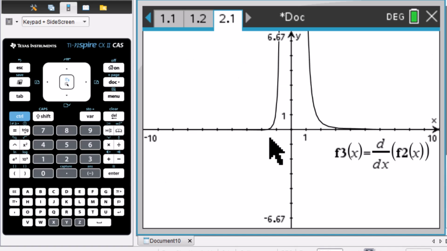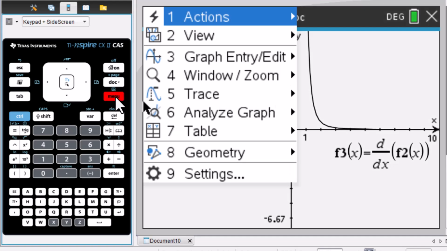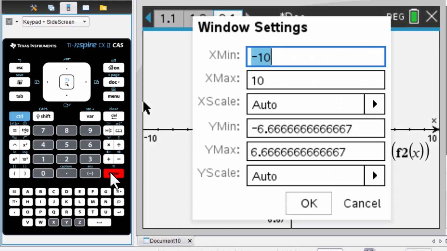We're looking for the x-intercept. It's not clear, so you need to change the window. Remember, if we only look for the x-intercept, here is the window you need to set up. Menu, go to 4, enter.